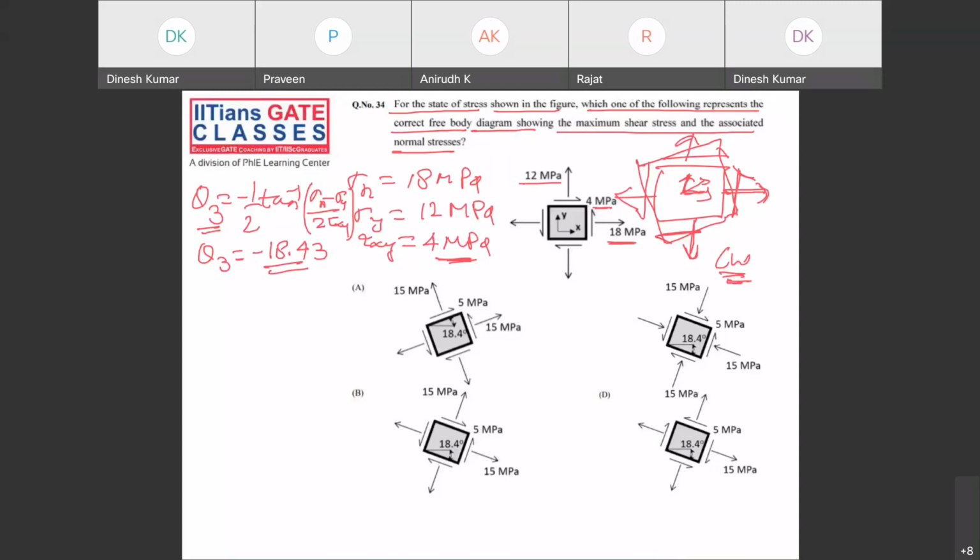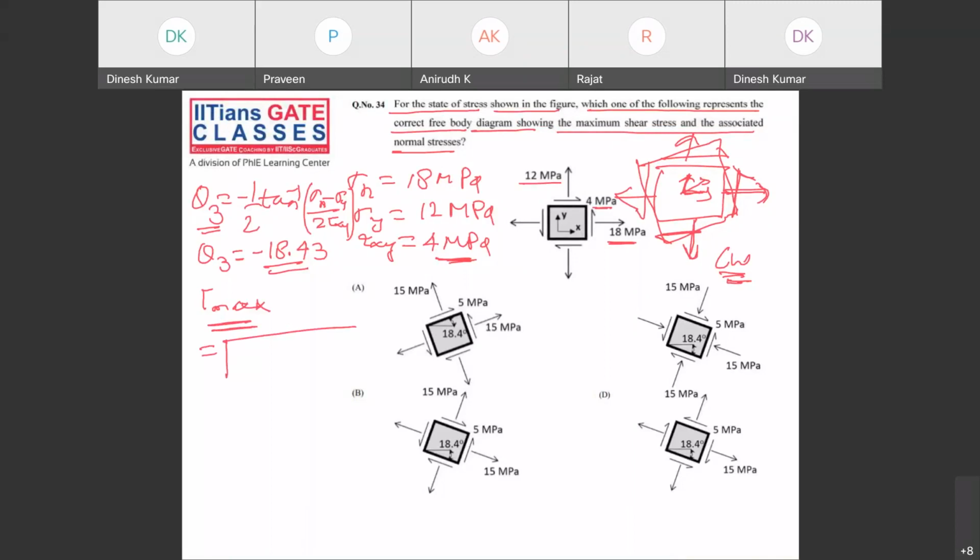Now the value of tau max. One thing I always told, we will find the value of tau max now. I told you guys, when you find the tau max value, don't use this formula which most of you know. Tau max formula is what?